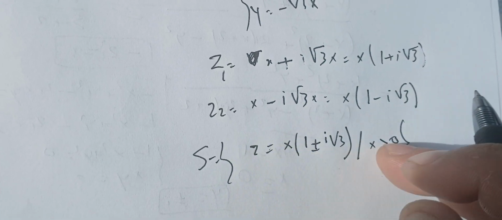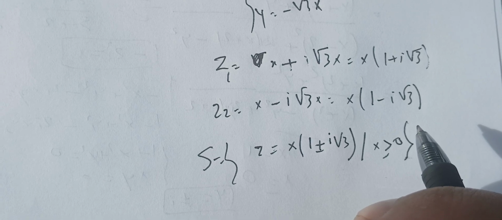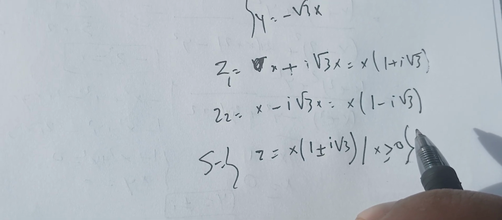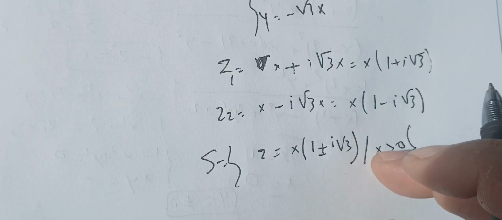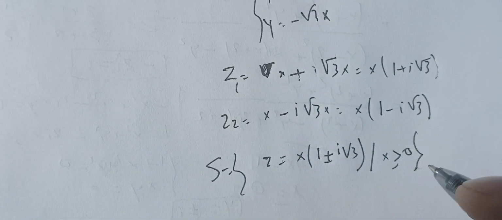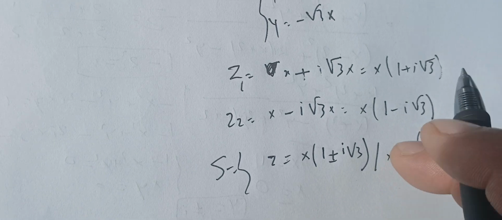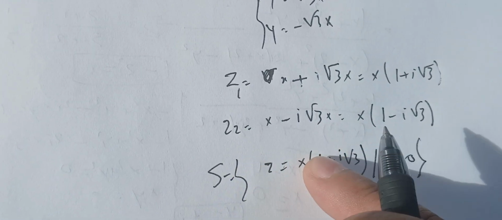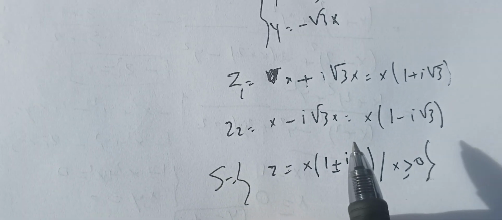So basically these are the solutions. And we can clearly see that this is just this set here. So we have only x positive, the positive real numbers. But z can be written in this form, and therefore, because of this i, z is a complex number.